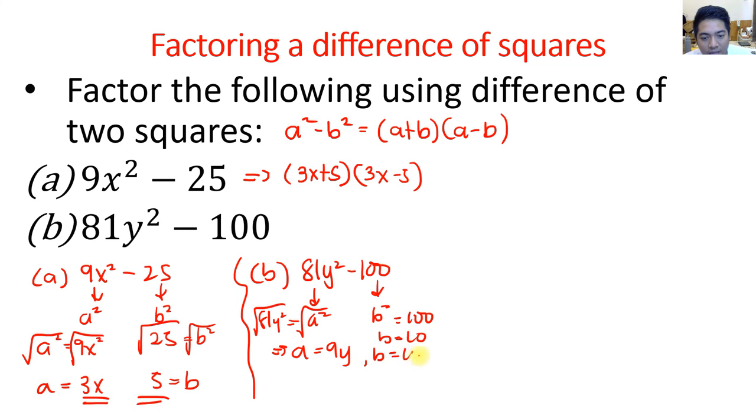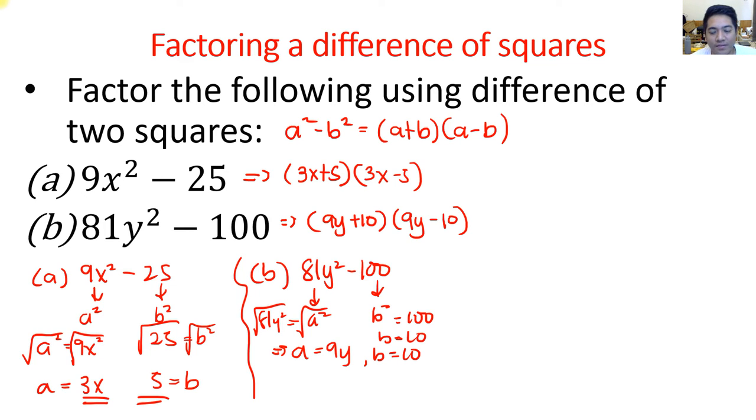So you can write it as a plus b, 9y plus 10, and then 9y minus 10. That will be the factored form using a difference of two squares.